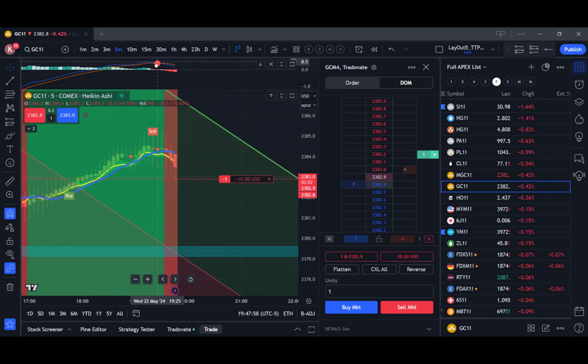When we got the sell signal, we also got sell here, which is a good indication. And then we got the red background. And overall, gold is very bearish today.